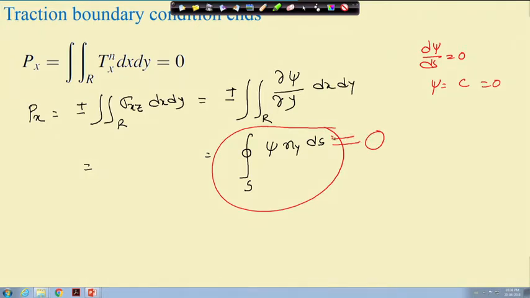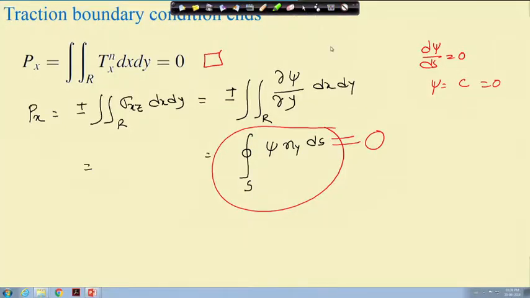Okay. So, this is proved. So, by choosing psi which vanishes at the boundary, automatically the traction boundary conditions you have at both the ends are satisfied.